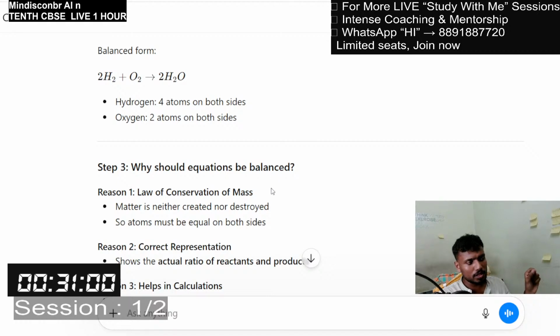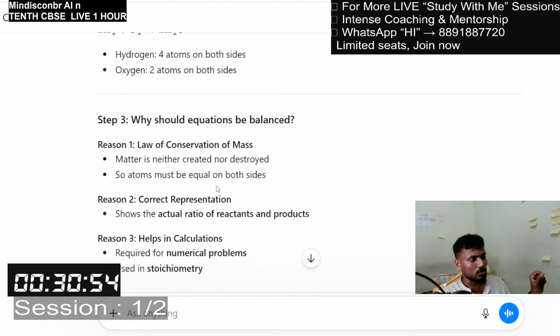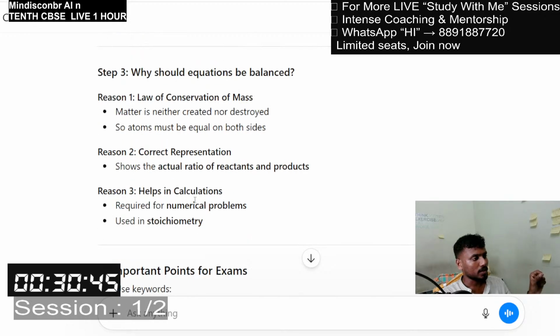Why should equations be balanced? Reason number 1, law of conservation of mass. Matter is neither created nor destroyed, so atoms must be equal on both sides. Second, the correct representation shows the actual ratio of reactants and products. Third, it helps in calculations required for numerical problems used in stoichiometry.